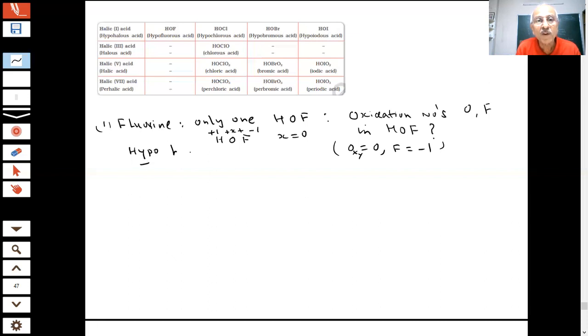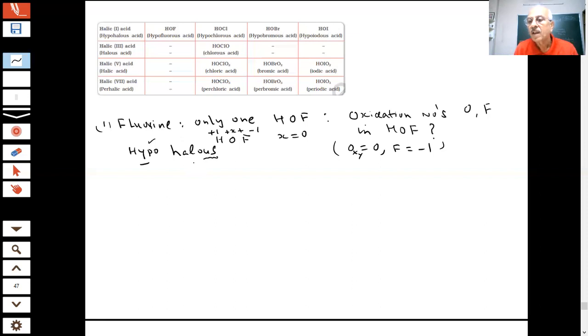Hypohalous is used for lower oxidation state, and here it is even less than 0. That is why they are given the name hypohalous acid. So the name is hypofluorous acid, and the oxidation state of fluorine will be -1.